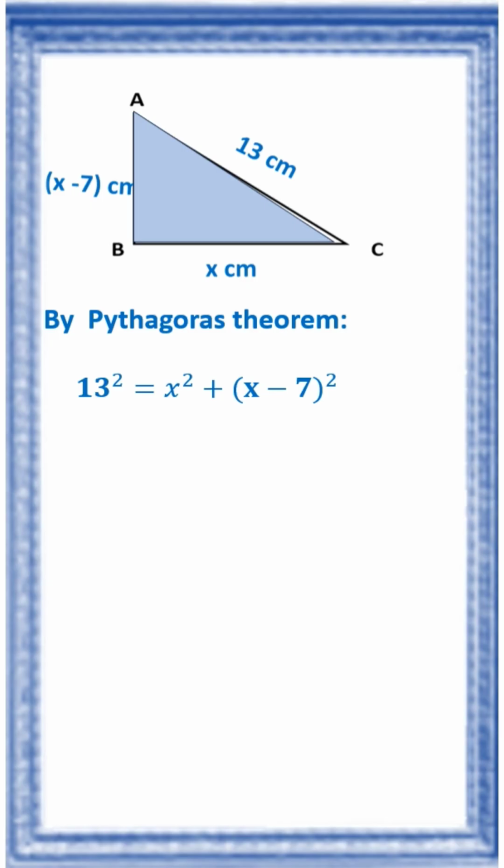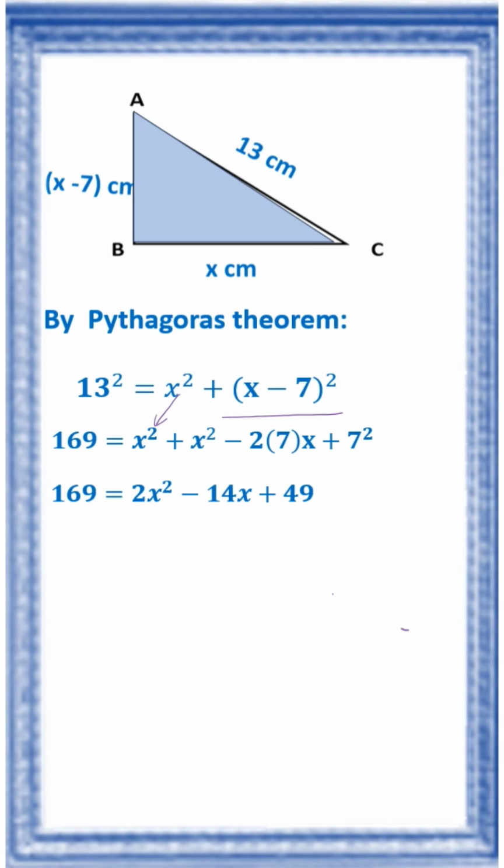13 square is 169. This one is x square. This one you have to expand. What will you get? x square minus 2 into 7 into x plus 7 square. Now 169, here x square plus x square is 2x square.